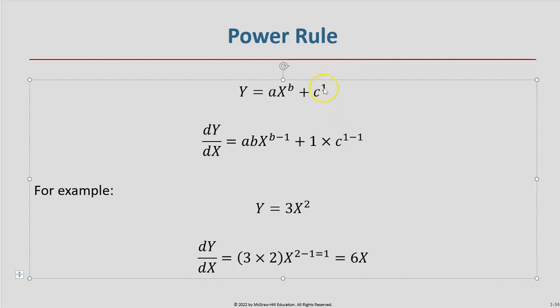So 1 times c, and then the exponent would be 1 minus 1. Well, 1 minus 1 is equal to 0, so anything to the 0 power goes away. It's like we multiply c times 0. And so if we add a constant to this function, nothing changes.